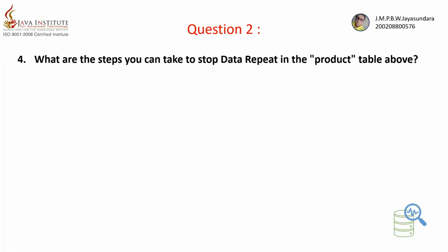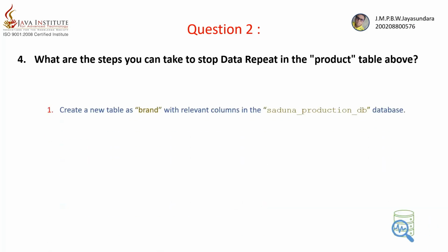Our fourth question is, what are the steps you can take to stop data repeat in the product table above? First one is create a new table as brand with the relevant column in the Sandun Production DB database. So what this means is every product has a brand.